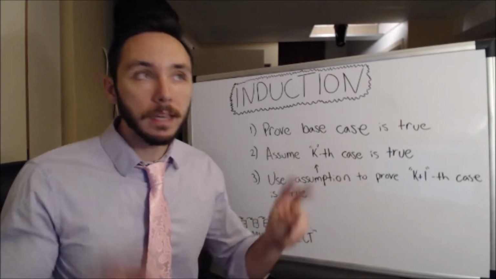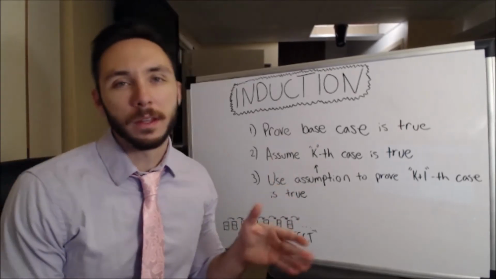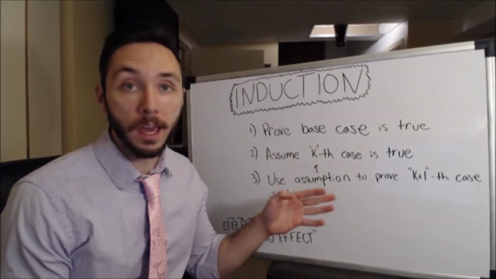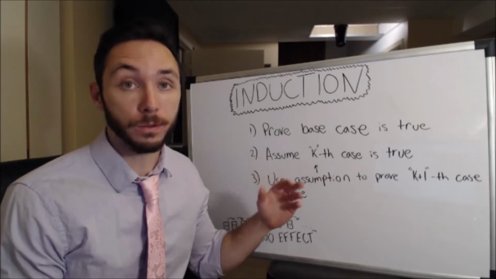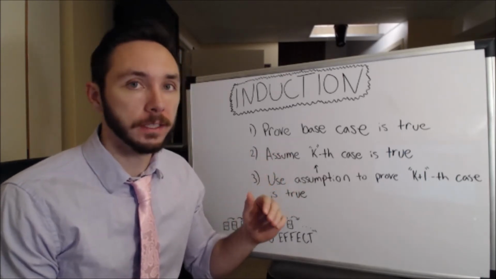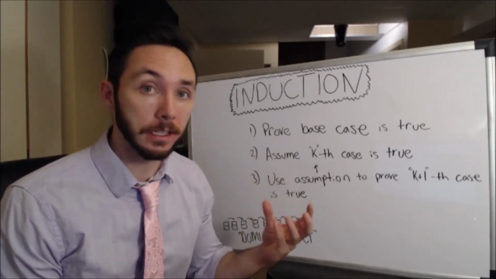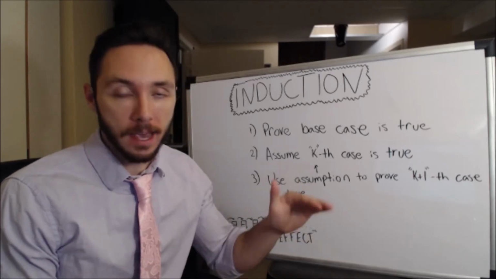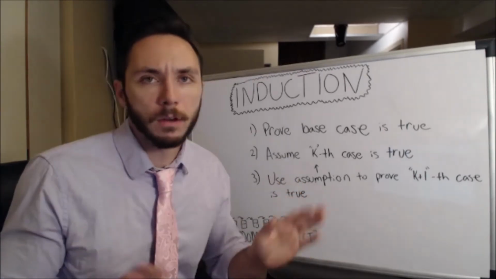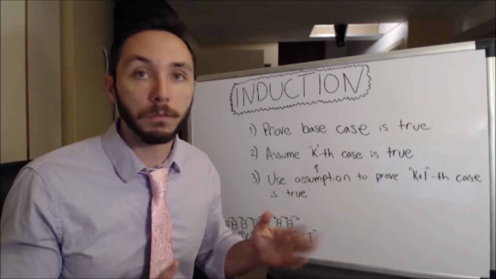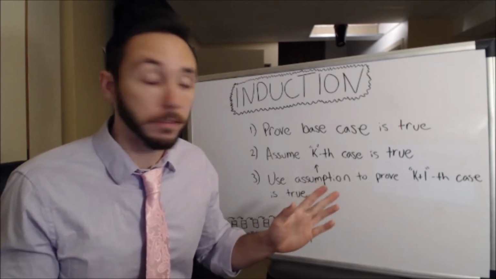And then you assume the kth case to be true. This is where it gets a little abstract because k is actually just k. It's an abstract variable, but ultimately we can add some sort of tangibility to it. K is, at the end of the day, just a number, an arbitrary number, right? It could be 4, 5, it could be 100, whatever.